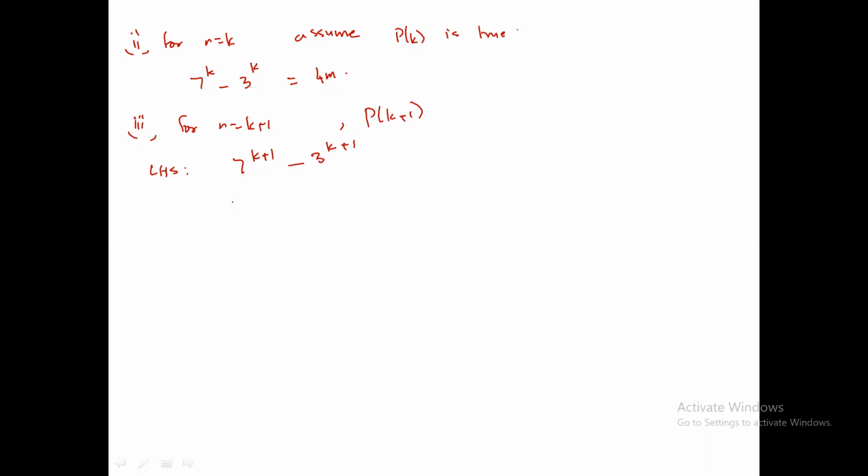I will write 7 power k into 7 minus 3 power k into 3. Now what I have to do? 7 power k I can take from P of k and write it as 4m, plus 3 power k into 7 minus 3 power k into 3.